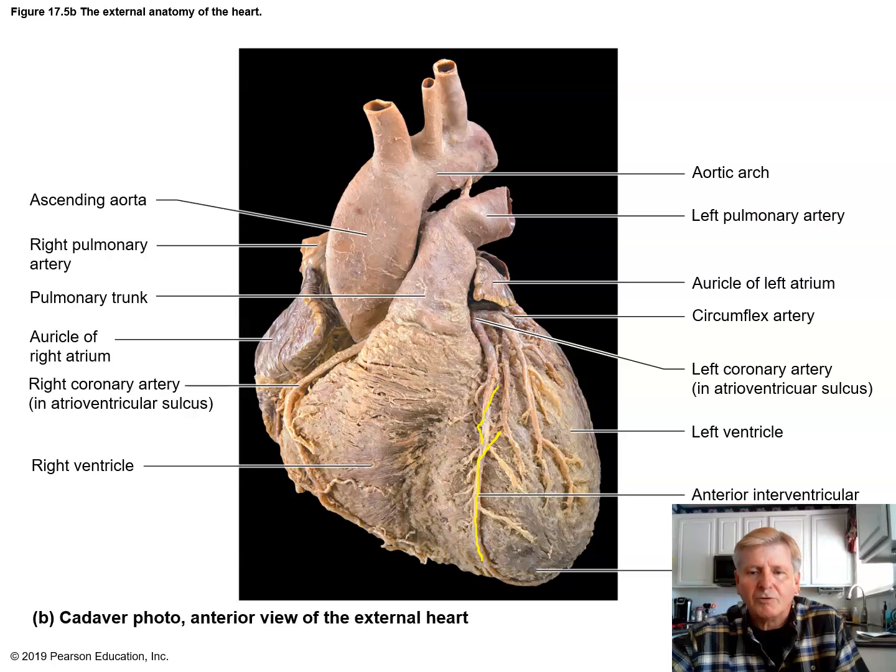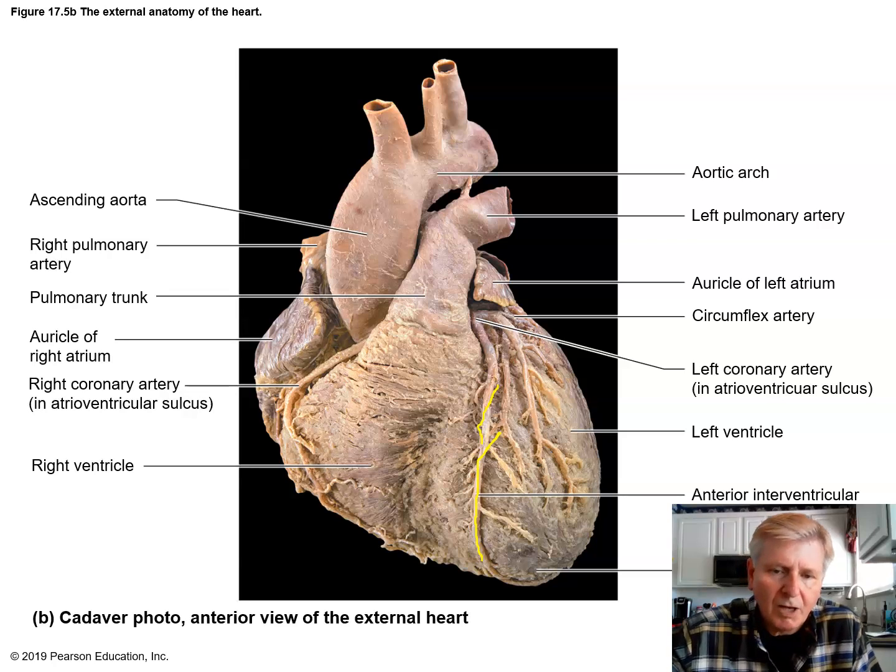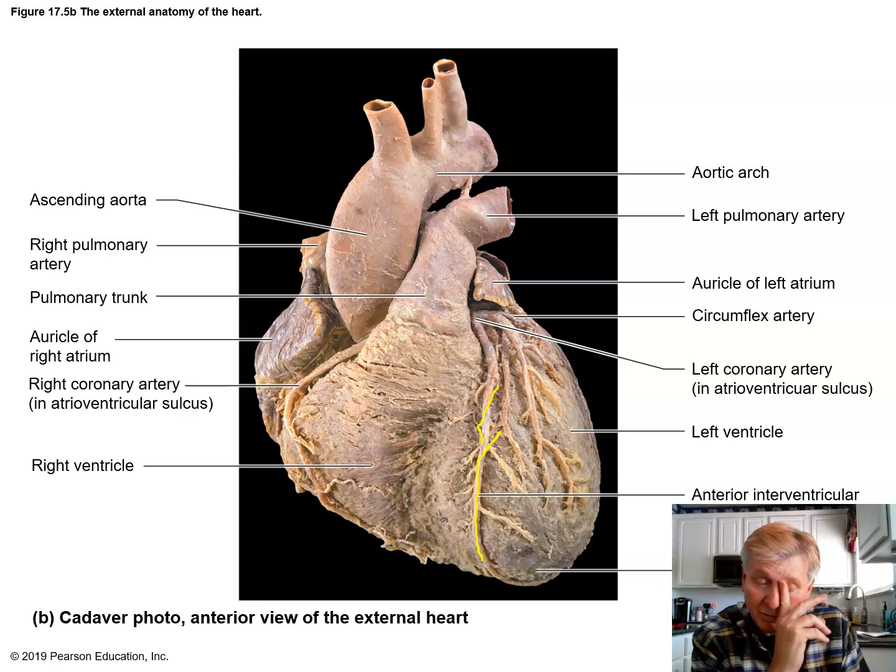This is probably the most important coronary artery in the heart, because when it becomes blocked or occluded from coronary artery disease, it reduces oxygenated blood flow to the left ventricle and part of the right ventricle, which are your major pumping chambers of the heart. You can see the right coronary artery coursing in the atrioventricular sulcus, okay, between the right auricle and the right ventricle. And there's the pulmonary trunk, the ascending aorta.